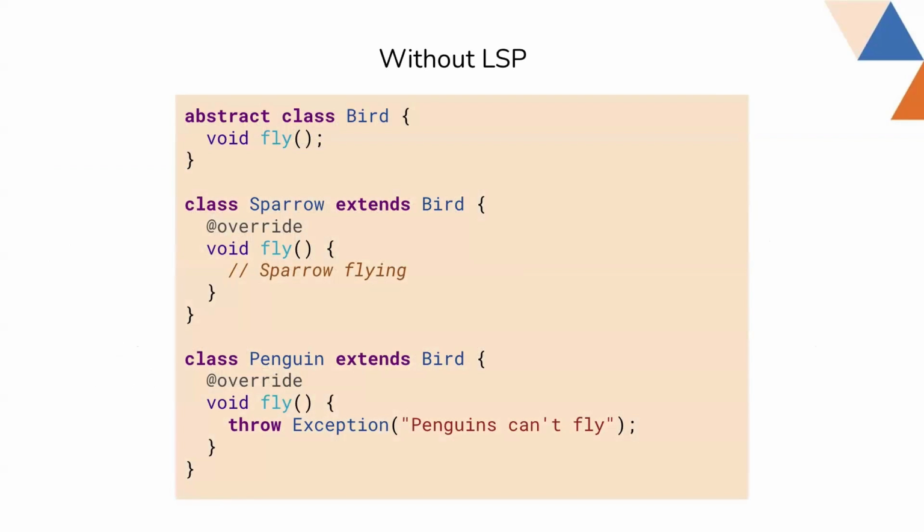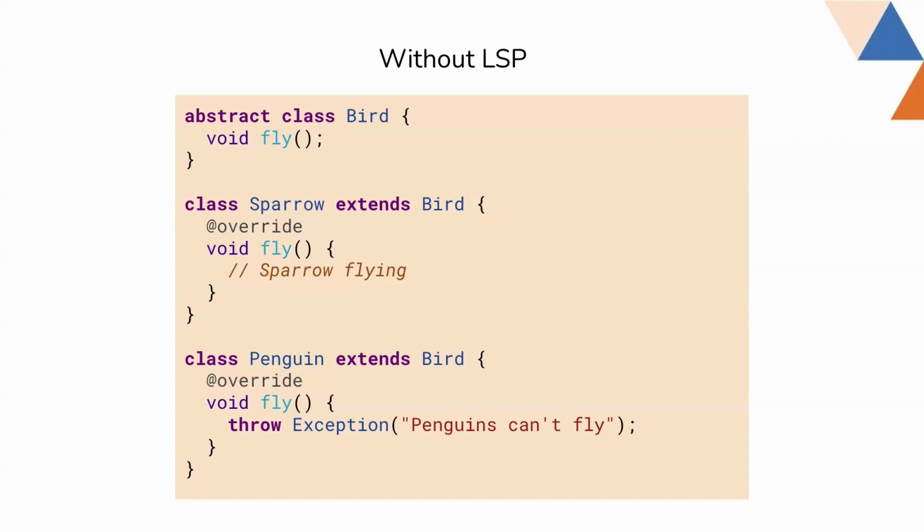You see there are three classes which don't follow the Liskov substitution. There's an abstract class, Bird. There's a class that inherits Bird called Sparrow, and Penguin is also extending Bird. As we said earlier, the abstract class method must be overridden in the subclasses.